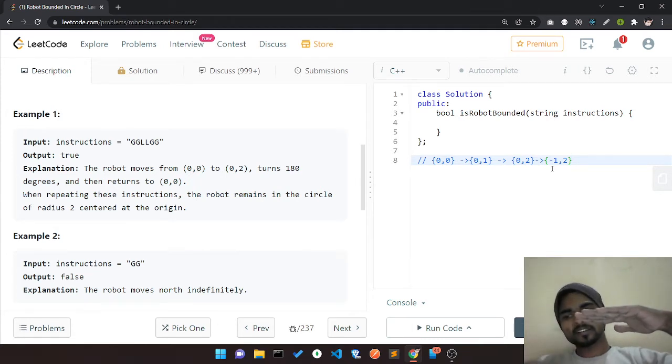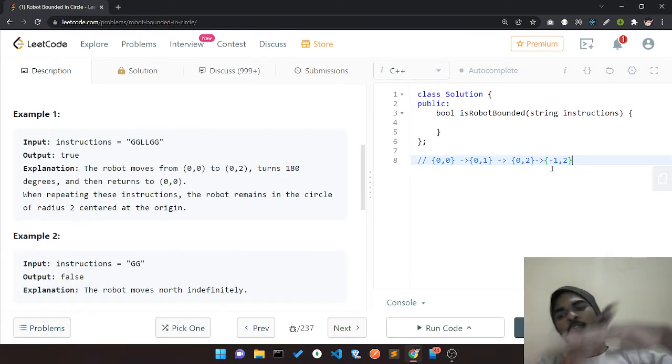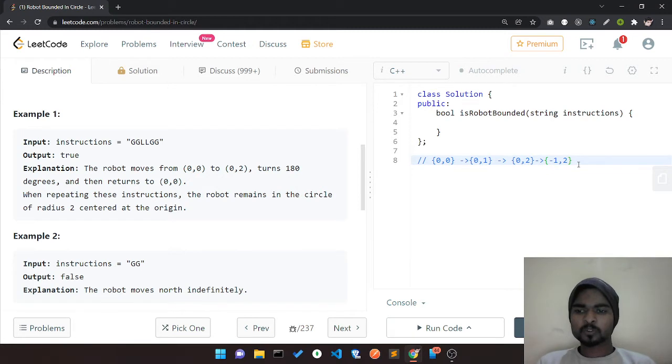Let's assume a matrix with 0 0. If I go above, it's -1 0. If I go left side, it's 0 -1. If I go downside, in reference to 0 comma 0, it goes 1 comma 0, and so on. So -1 comma 2. If I again call left, my robot is at the position 2 comma 2.